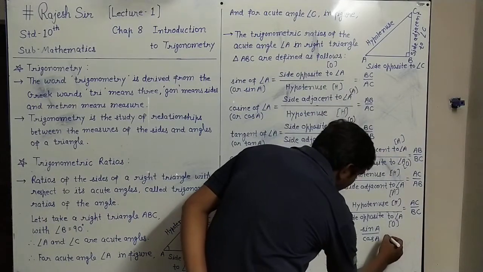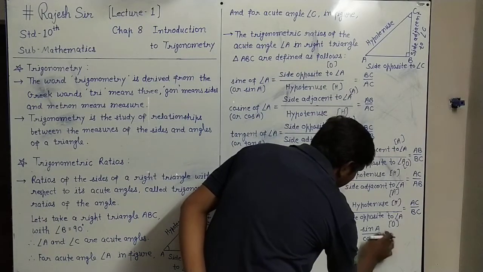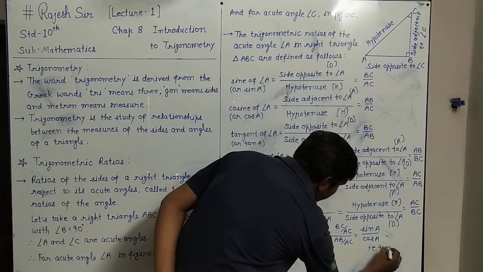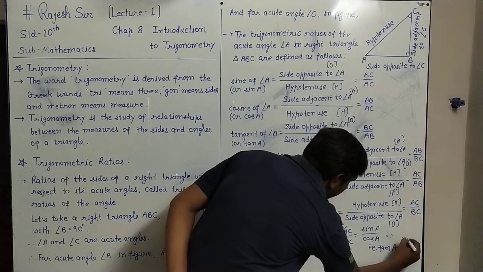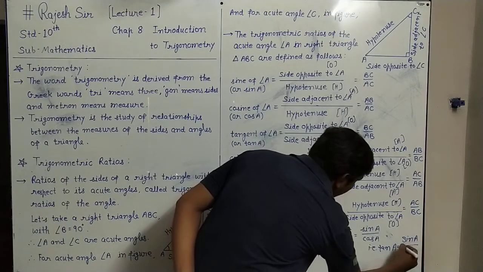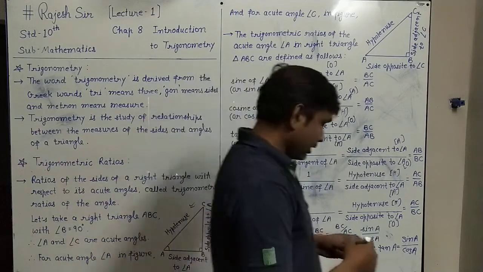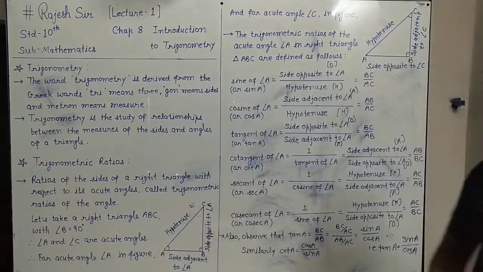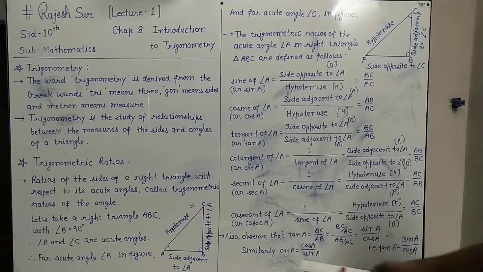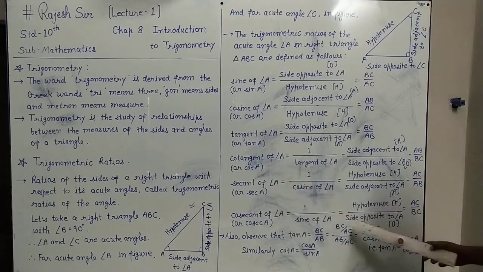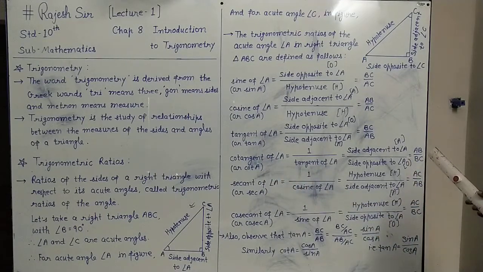So here I am writing again: tan A equals sine A upon cos A. This we have to remember, and from where it comes, we have observed here. And similarly, when you find cot A, it equals AB upon BC.